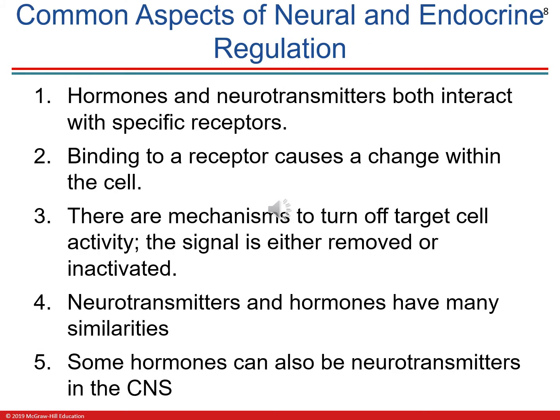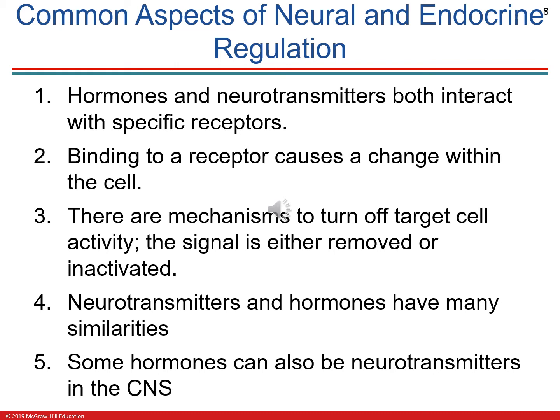We have common aspects between the nervous system and the endocrine system in terms of regulation. The hormones and neurotransmitters both interact with specific receptors. We learned that neurotransmitters bind with a specific receptor, and hormones also need a receptor.